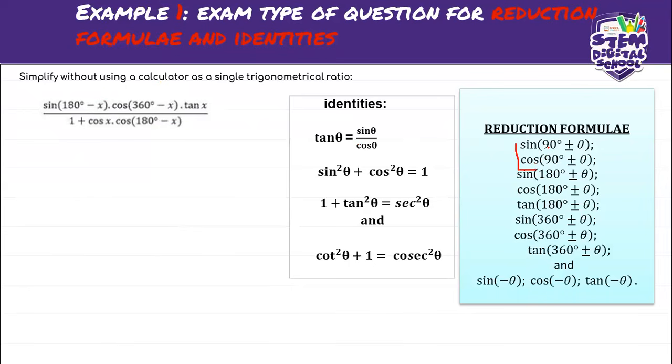Now, this sine into 90 plus or minus theta, as well as cos into 90 plus theta, those are co-functions or co-ratios, right? Then from here until down here, we have what?